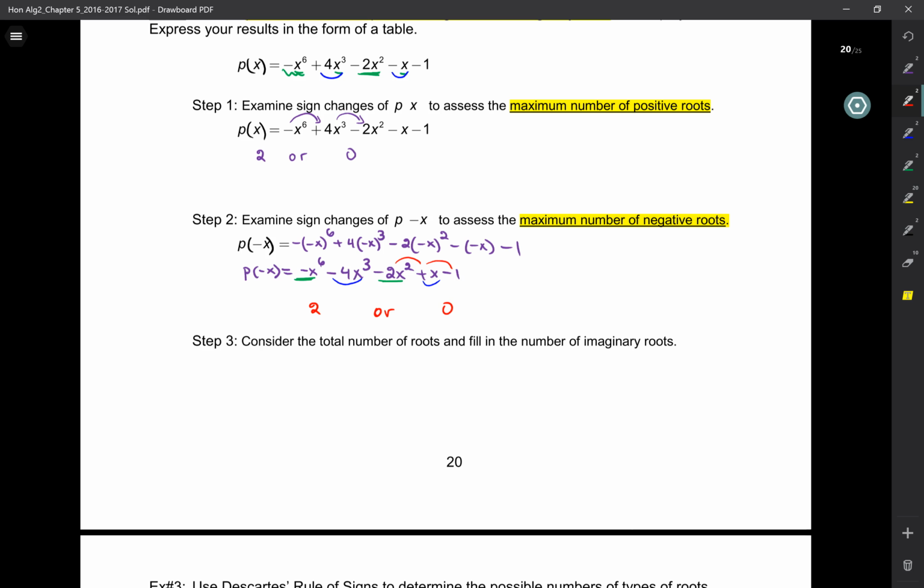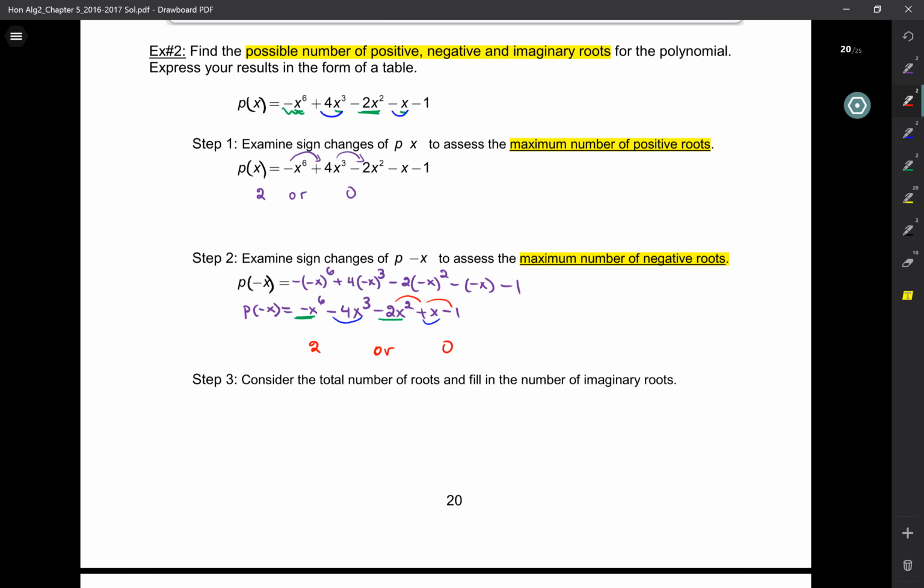So there could be 2 or 0 positive roots, 2 or 0 negative roots. Now we have to take all the combinations. However, we first have to know what is the total number of zeros. How many zeros does this function absolutely need to have? 6. We know that because the degree is 6, so it's got to have a total of 6.